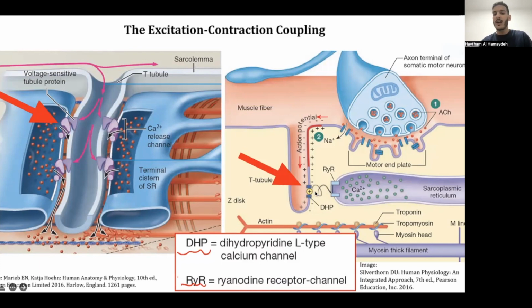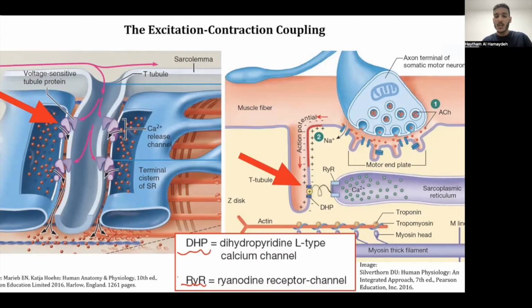When this calcium channel is stimulated, it unplugs the ryanodine receptor channel, creating a space for the calcium ions to flow into the sarcoplasm.